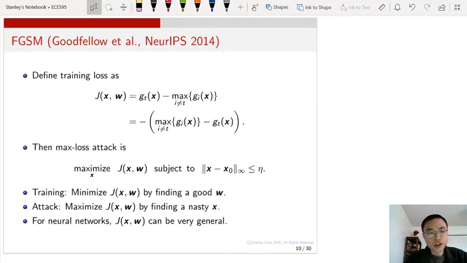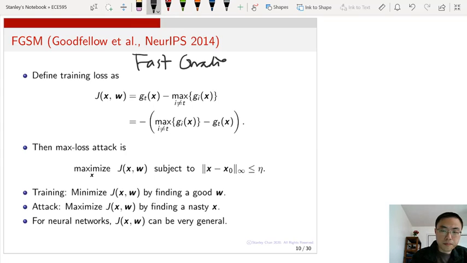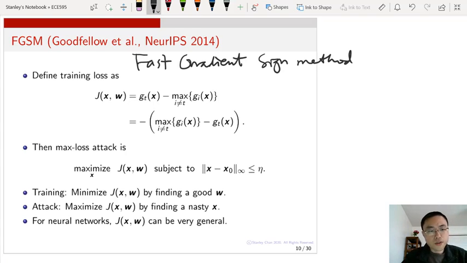So now let us talk about the FGSM, the fast gradient sign method. The fast gradient sign method was originally proposed by Goodfellow in 2014. The idea is exactly the same as our maximum loss attack.